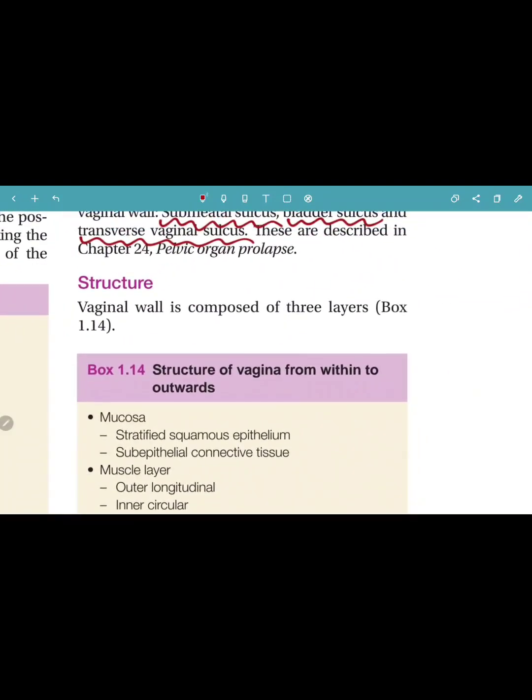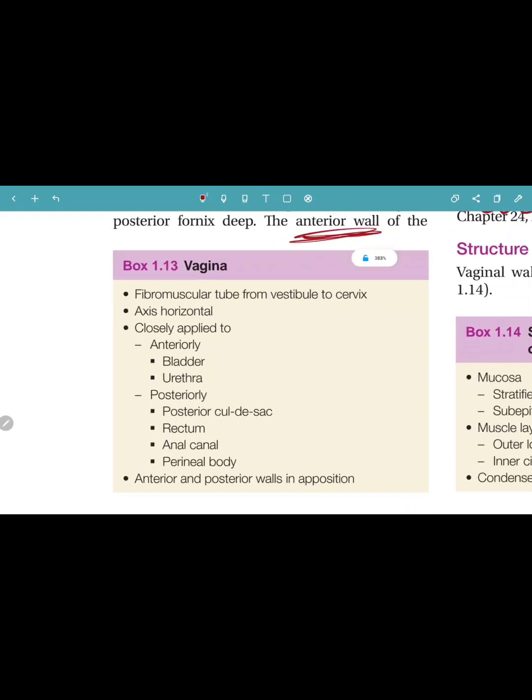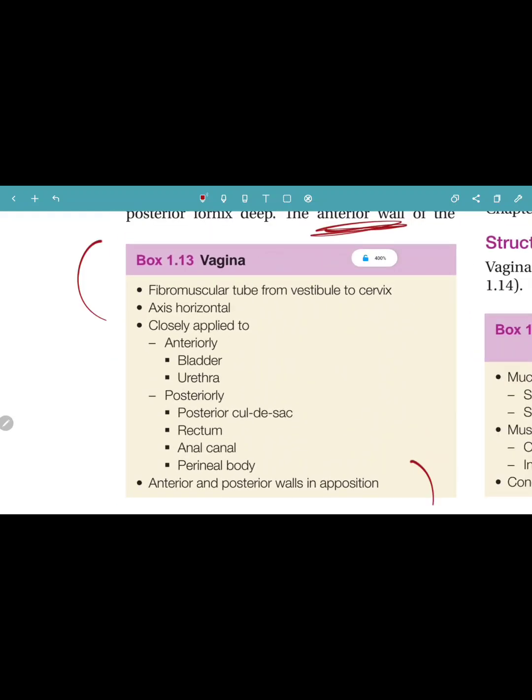So now let's look at the important points that we learned about the vagina. First, it is a fibromuscular tube from the vestibule to the cervix, and the axis is horizontal, very important, not longitudinal. Anteriorly it is applied to the bladder as well as the urethra.